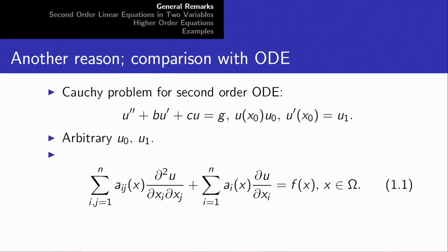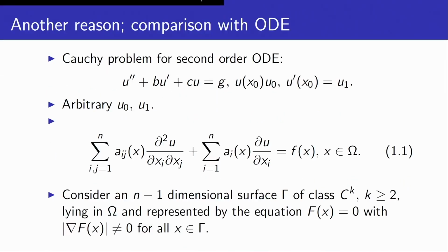The Cauchy problem you can give on a hypersurface. For example, in R2 this is nothing but a smooth curve. In higher dimensions it is an n minus 1 dimensional surface, and that is called a hypersurface.